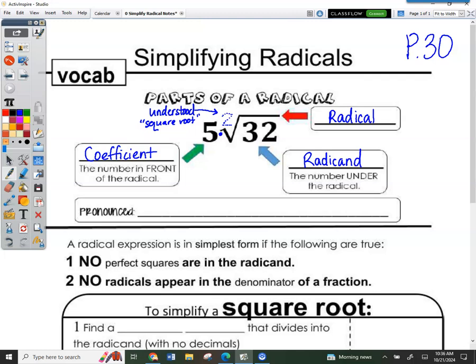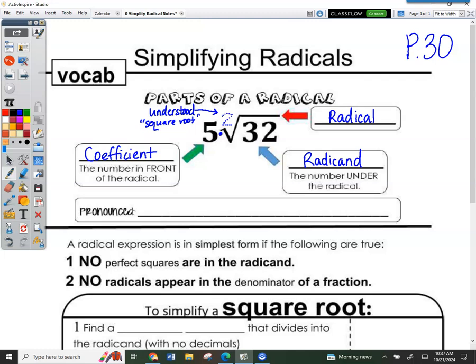Now the next line says, how do you pronounce it? There's a couple of different ways. Some people say 5 square root 32. I personally just say root, because that's understood to be square. If it's a cube root, you'll hear the word cube. If it's a 4th root, you'll hear the word 4. But if it's a square root, you might hear it as square root or you might hear it as just root.